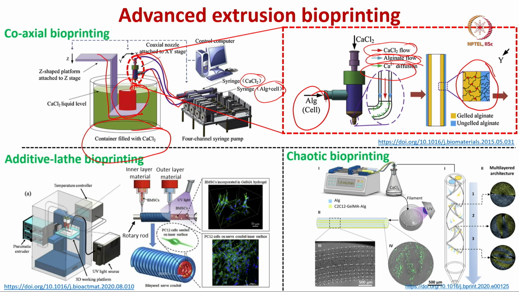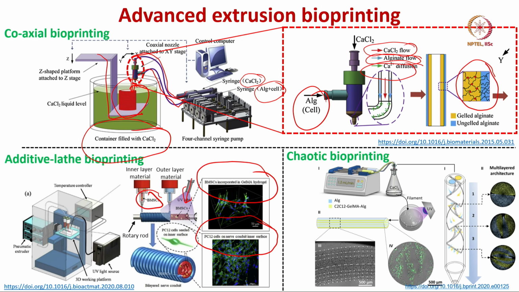There is another technique called additive lathe bioprinting. So, essentially you use the functioning of lathe machines, and here you can use one inner layer material and outer layer material. In the inner layer you can use some bone marrow derived stem cells, and also expose them to UV and then see how bone marrow derived stem cells can be incorporated in JELMA hydrogels, and whether PC12 cells, that is nerve cells, can be incorporated in the nerve conduit inner surface.